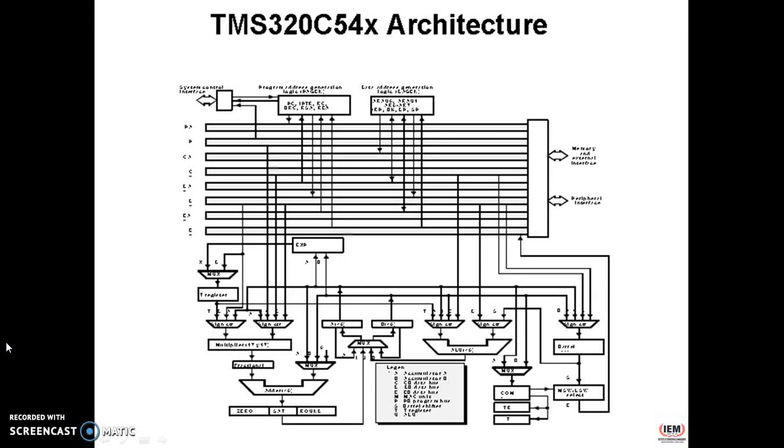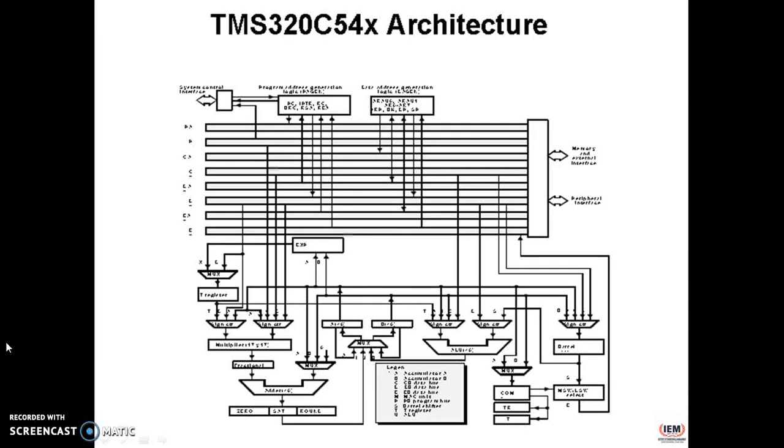The program bus, PB at the top of the figure, carries the instruction code and immediate operands from program memory. 3 data buses are considered, CB, DB and EB.